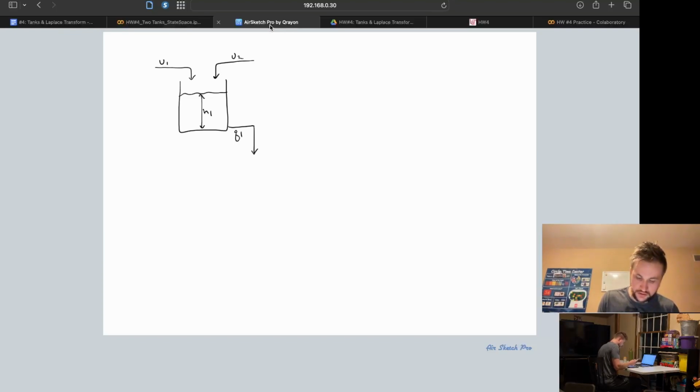This is the flow rate leaving the tank, Q1, and we're differentiating between these, even though they are both volumetric flows. The U's signify our system inputs, things that we change irrespective of what's actually happening in the system, whereas the Q is impacted by what is coming into the system and by the system dynamics itself.